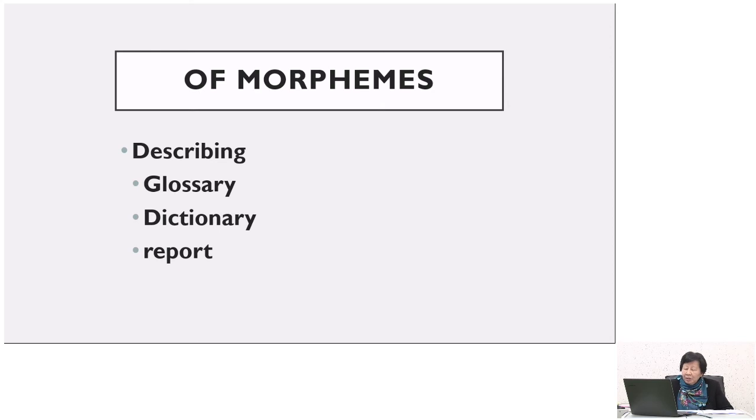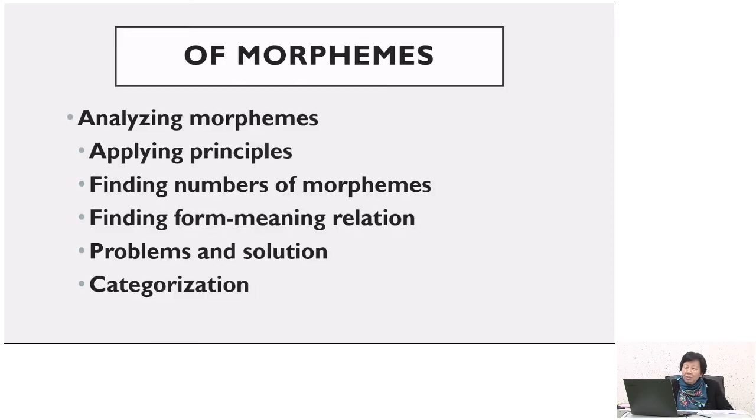So this is the way that you are going to talk about that. Remember that when we talk about analyzing morphemes, so applying, finding number, finding form, meaning, finding problems, finding solutions, finding categorization, this would be the process of analyzing. This would be called the content of the analysis.